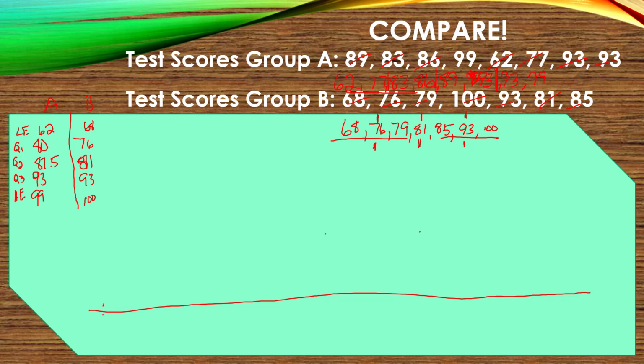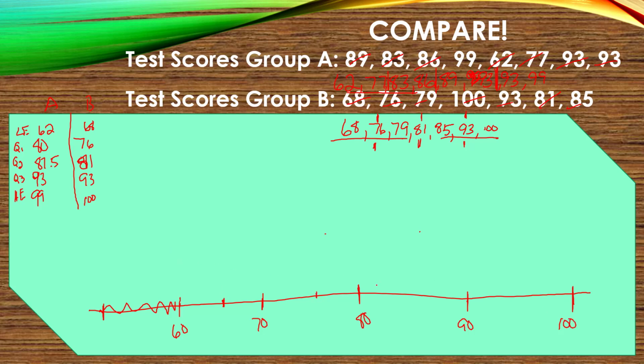So probably 60 to 100. 60, 70, 80, 90, 100. Since those are all spaced evenly, we'll call this 60, 70, 80, 90, 100.